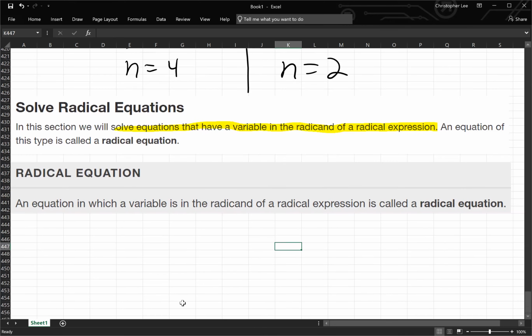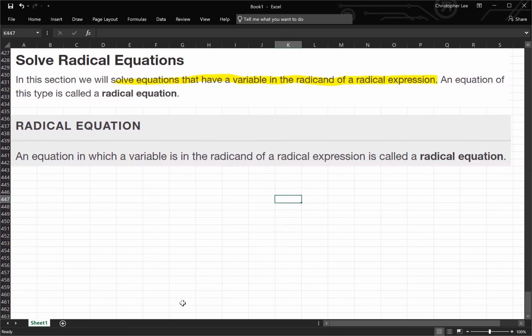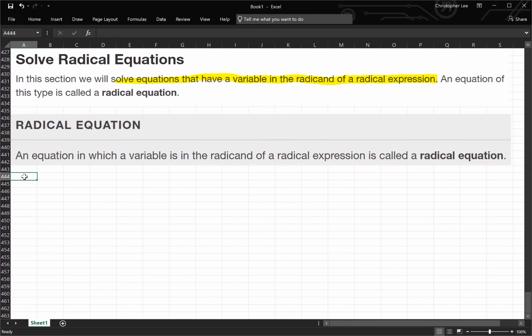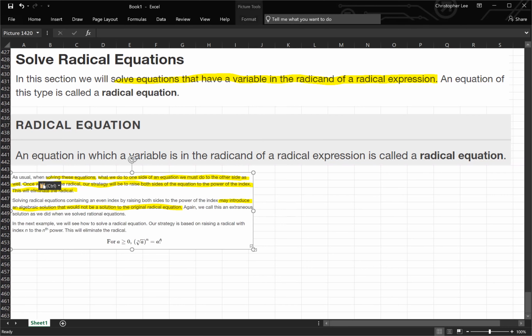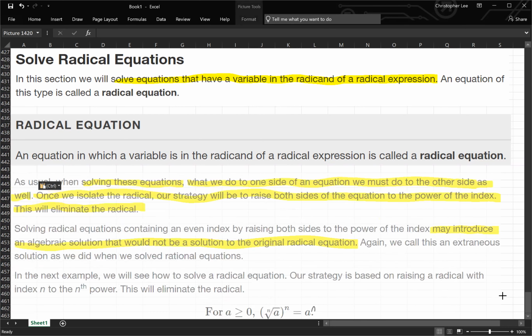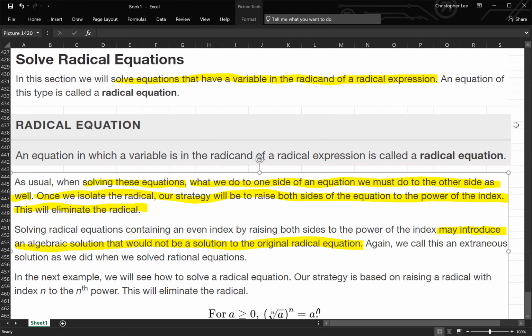Let's take a look at that. As usual, when solving these equations, what we do to one side of an equation, we must do to the other side as well. Once we isolate the radical, our strategy will be to raise both sides of the equation to the power of the index.